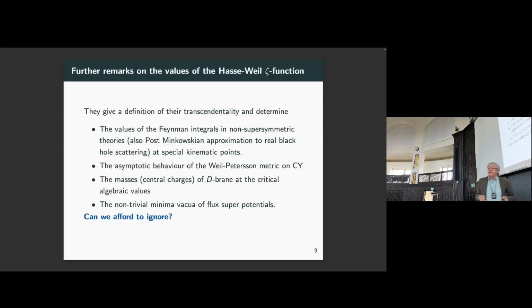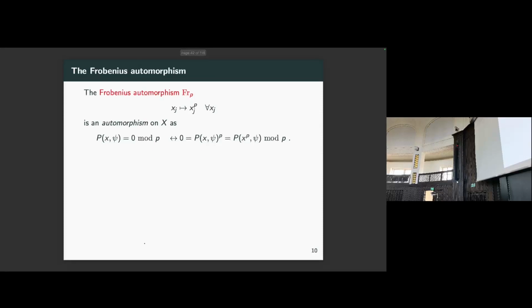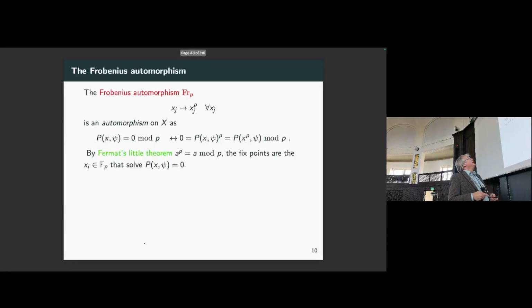I gave you the trivial part, the introduction. Now I give you, so to say, the structure behind it. So first of all, there is a Frobenius automorphism. If you take all the coordinates of your Calabi-Yau, let's say x, to x to the p, then you can check that mod p the thing still satisfies the equation.